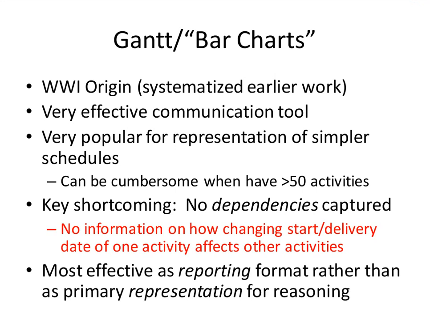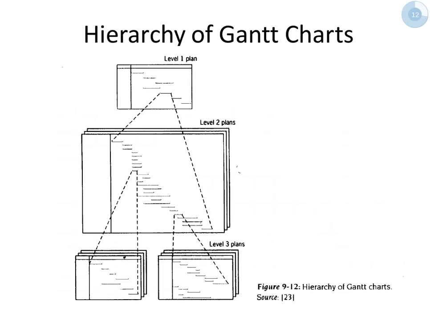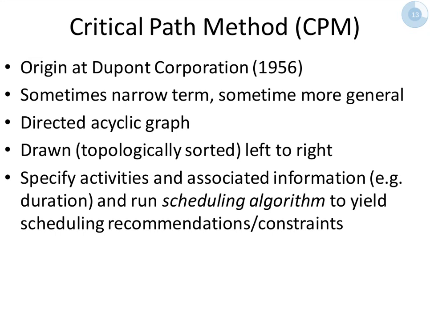And modern software elaborated them, drawing on this approach we'll be talking about of CPM scheduling. This elaborated them with dependencies. So here's another example of a Gantt chart. And you can have hierarchies of Gantt charts that break them up into pieces. So Gantt charts are great. They're fantastic ways of summarizing plans for a schedule.